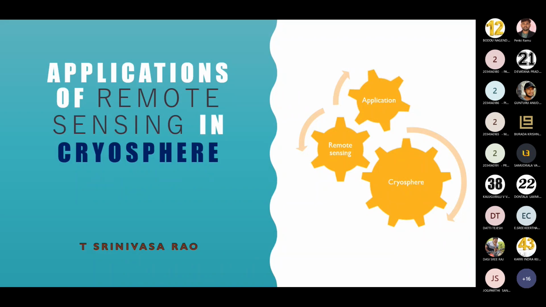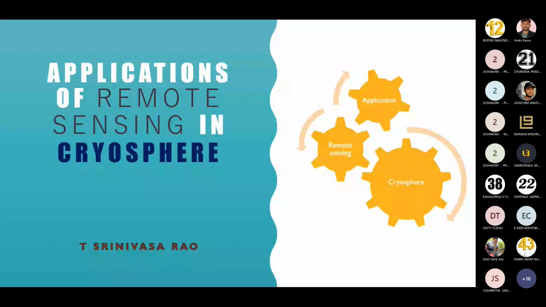Here I am going to be a little bit specific about the type of application which we are going to discuss and why I chose this particular area. That is cryosphere. Remote sensing has several applications in several fields. You talk about climate, you talk about weather, surveying, so many fields are there.